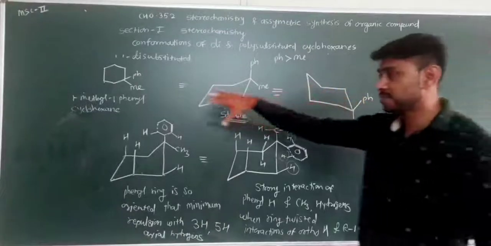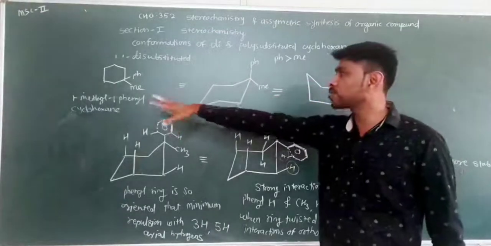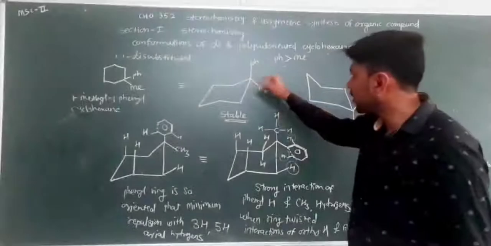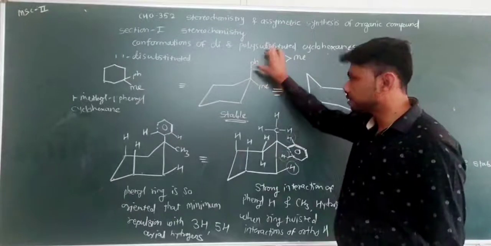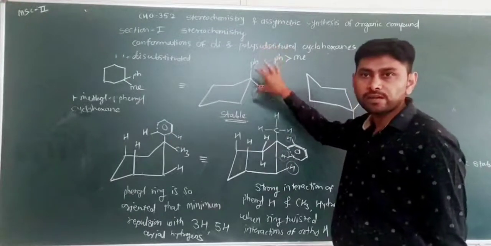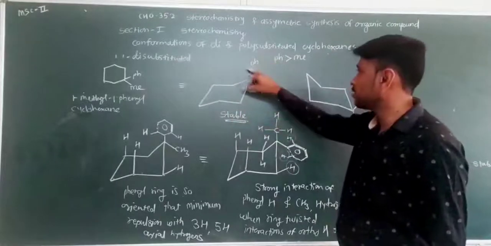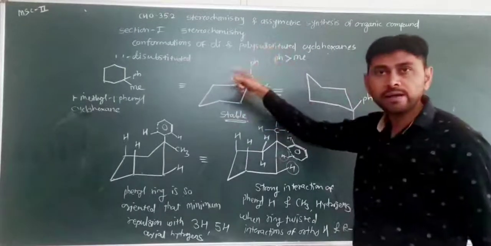Now the opposite concept operates in the case of 1-methyl 1-phenyl cyclohexane. In this case, we observed that with the bulkier group at the axial position, we obtain the stable conformation. The conformation is more stable with the bulkier group at the axial position.